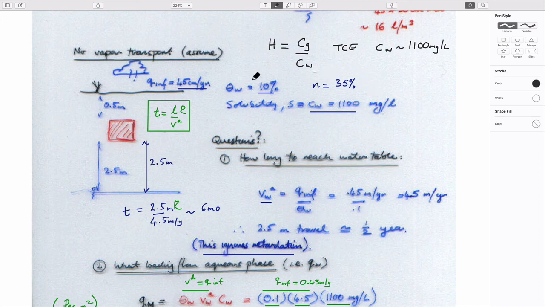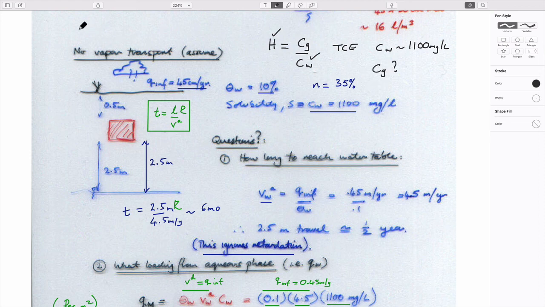And if we know the value of the Henry's Law coefficient, which I think is of the order of 1, then we can calculate the concentration in the gas form. So we know this roughly, we can calculate the concentration in gas, and so we know that loading.